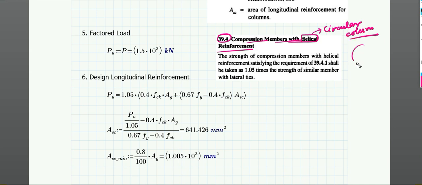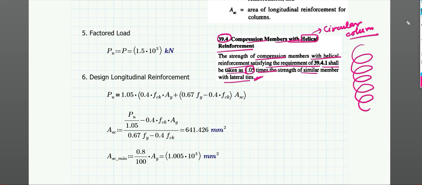Helical reinforcements are something like this. It's continuous, just like a helix. In the case of helical reinforcement, the strength of a compression member with helical reinforcement satisfying the requirement of 39.4.1 shall be taken as 1.05 times the strength of a similar member with lateral ties.